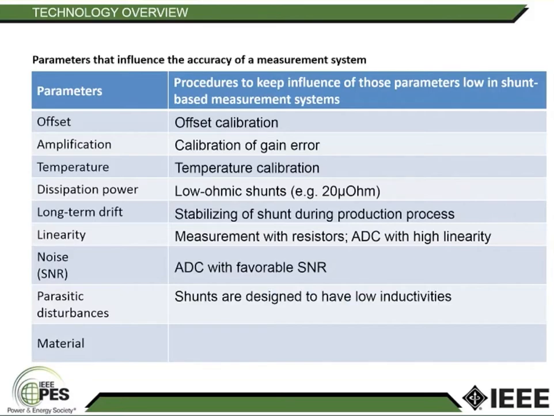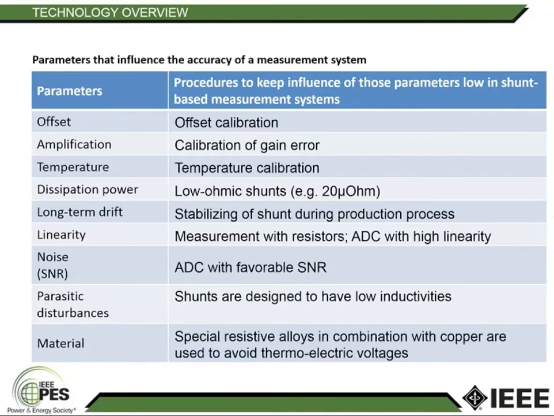Parasitic disturbances: shunts are designed to have low inductivities. As the shunt is a current conductor, it obviously has a magnetic field around it. And that magnetic field also induces currents in the shunt itself. So it's important, by choosing an appropriate geometry, to keep those inductivities in the shunt low.